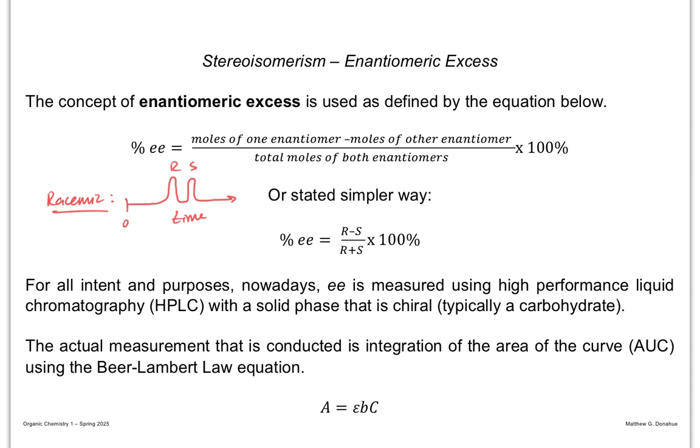But if it was enriched in R, the area under the R curve would be bigger than S. And so you get these values, you just plug them in there, and that gives you the excess. So that's typically what's done in the modern sense, using this HPLC.